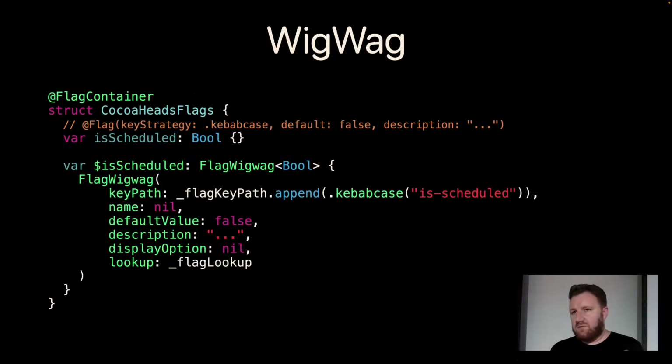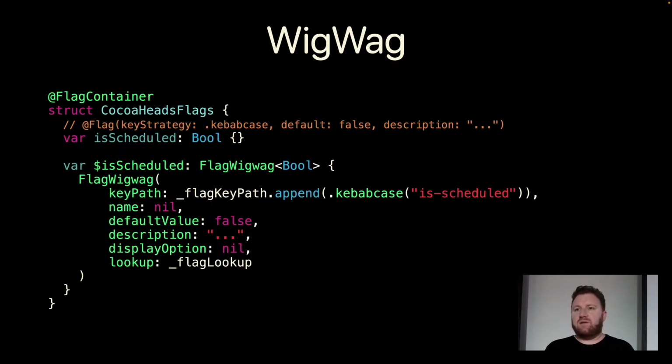But back in Vexil, wigwags have 2 purposes. They include the rest of the flag's metadata, so that generated UI code can get all of the information it needs to generate that UI, as well as the descriptions, all of that sort of stuff. And it is also the source of real-time flag value changes.